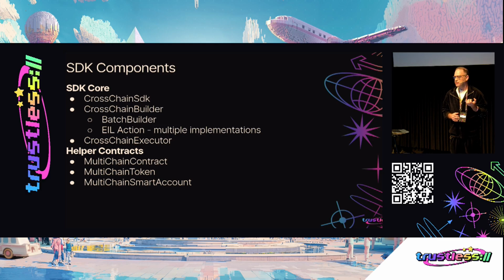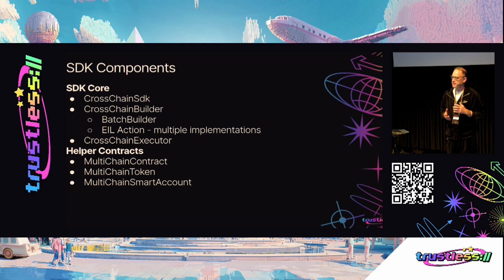Within each batch, you run an action. An action is a single call. Again, it's a bit abstracted. We will see it later. You can have a simple method call, but we also have higher level ones like token transfer. I'm not sure if it's here or here. They created, with the Stitch project, if you've seen yesterday, multiple DeFi actions like I want to lend, I want to use a specific protocol.